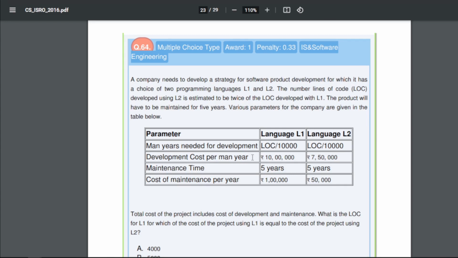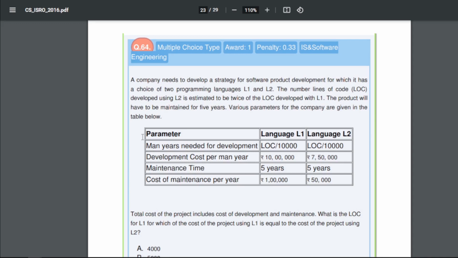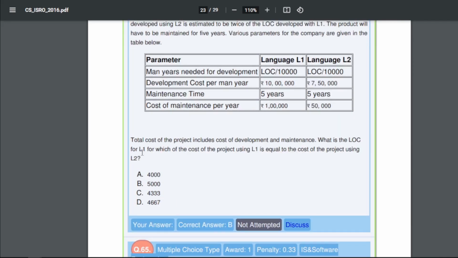Various parameters for the company are given in the table below. Total cost of the project includes cost of development and maintenance. What is the LOC for L1 for which the cost of the project using L1 is equal to the cost of the project using L2? So for 64 our answer will be B, that is 5,000.